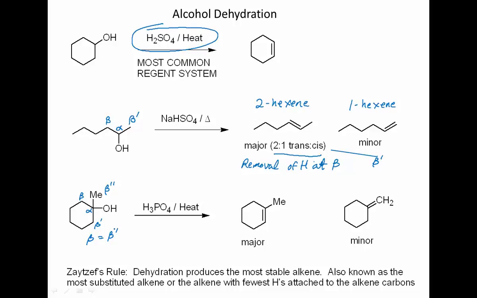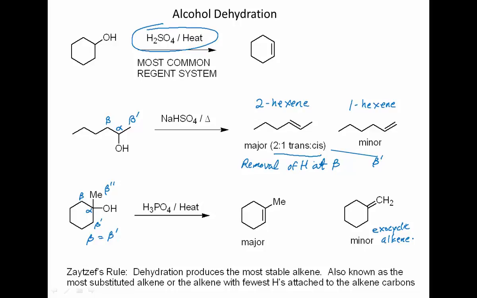Right here, we see that the major product is 1-hexene, and this other product with the alkene outside the ring, which we'll just refer to as the exocyclic alkene, is a very minor product in this reaction.